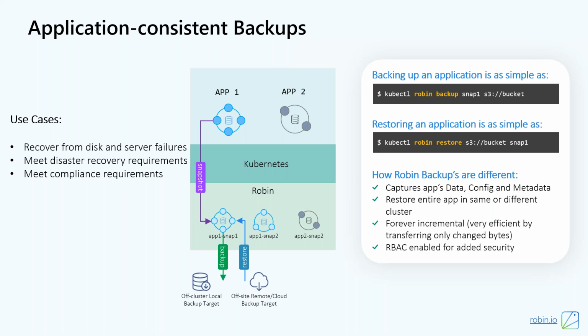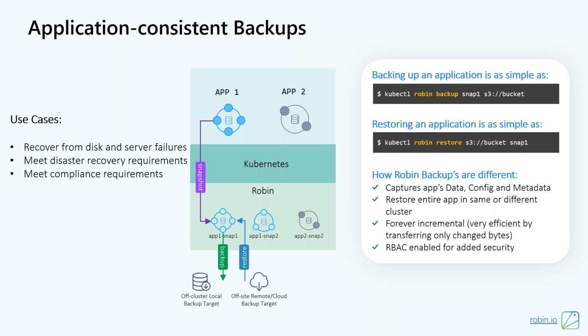So that's where, once again, this is a single command. You say Robin backup a given snapshot to a given bucket, and we will take care of backing up all of the components, not just the persistent volume claim. And that's why restoring from the backup is also pretty easy, because you simply say Robin restore, and you give the repository where the backup is stored and what snapshot you want to restore.